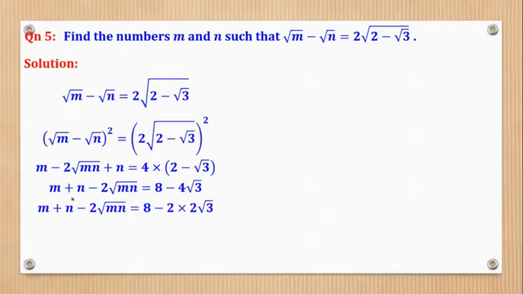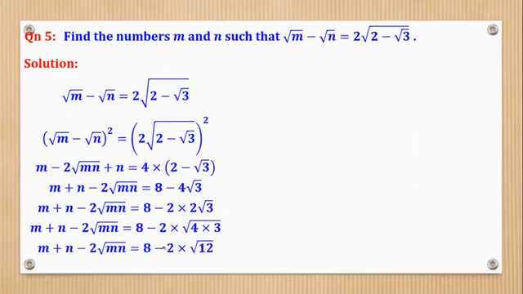Now but here there was a 4, and here we had a 2. So how could we bring in 2 here? It means we should remember that 4 is the same as 2 times 2. And when one of the 2s goes inside, it becomes 4 because the square root of 4 is 2.